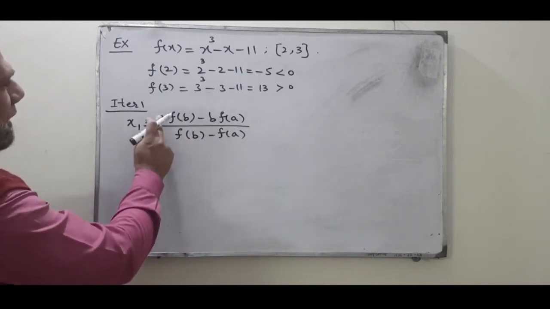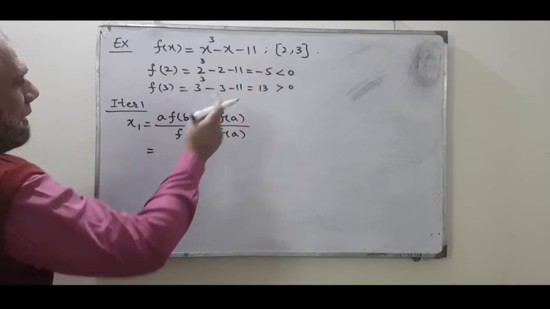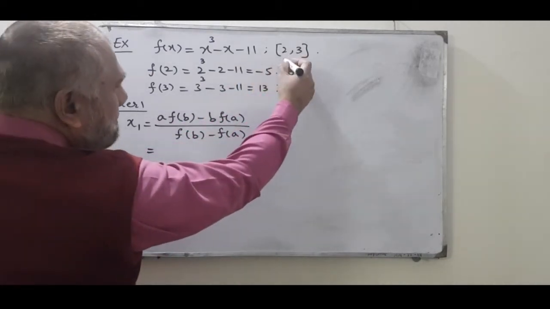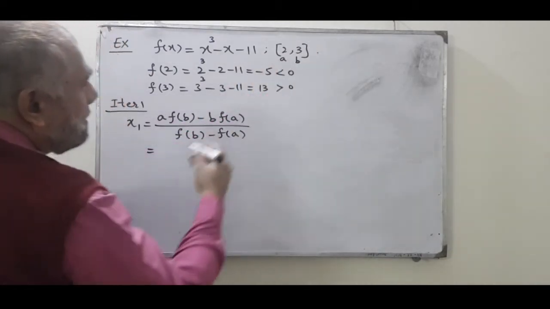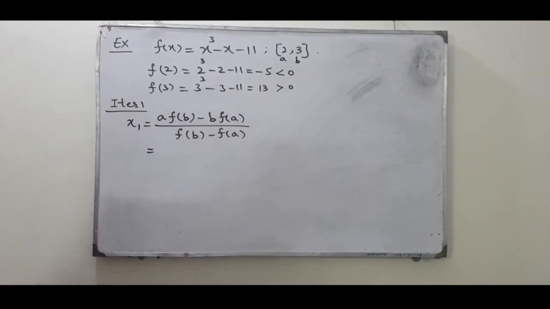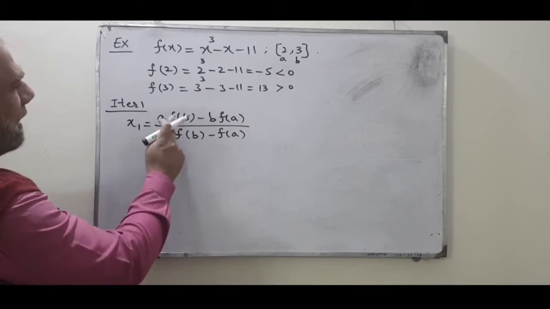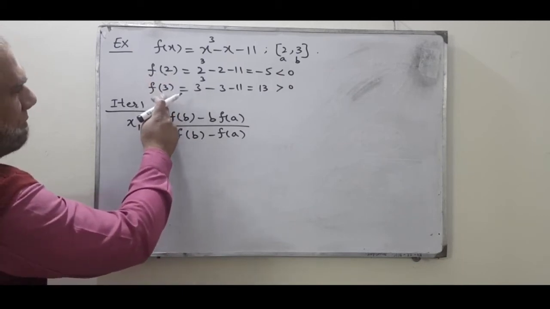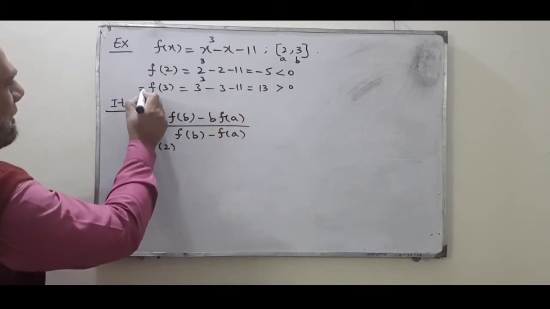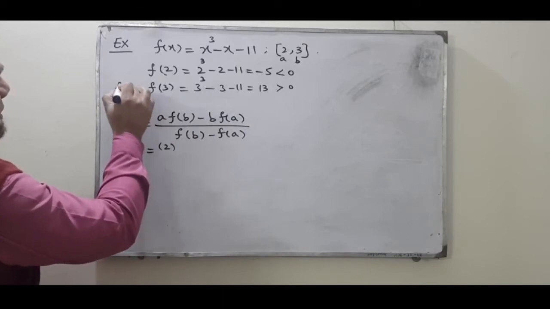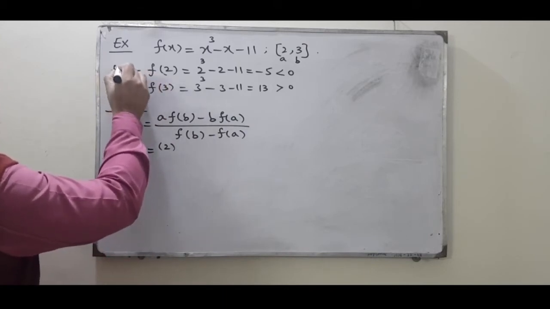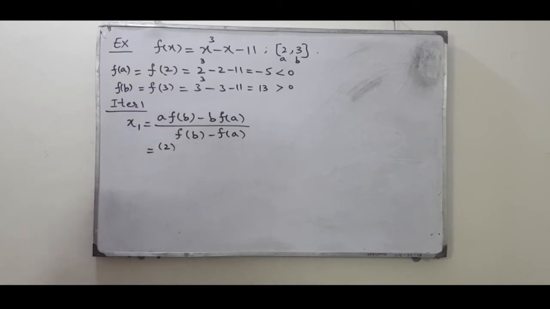Here you can see a is 2 and b is 3. You can put a and b here just to keep the process smooth. So here 2 times f of b. Let me write f of b here so that you don't get confused. We shall be using this value.